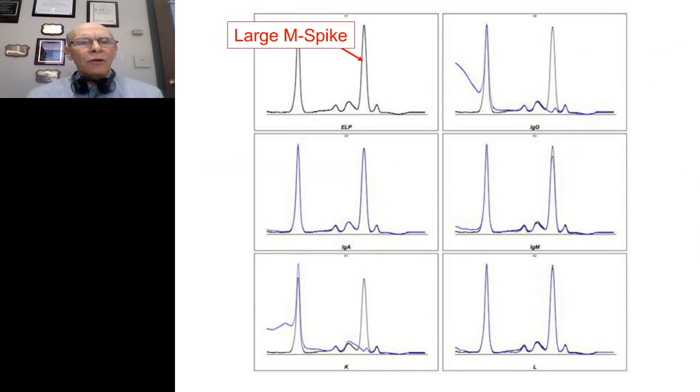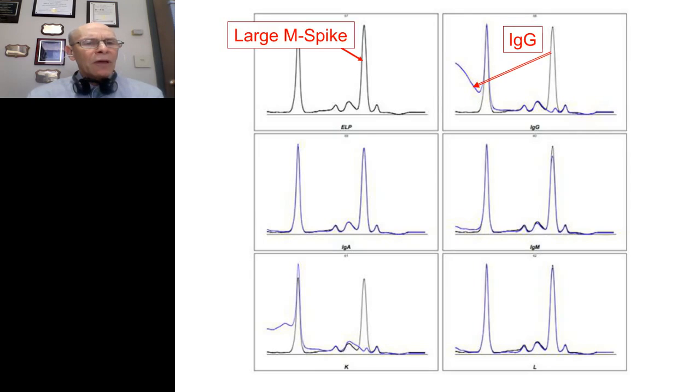Here's an actual immunosubtraction. It shows the original electrophoresis pattern in the top left panel. It contains a prominent spike in the beta region. In the top right panel, the black line indicates the original position of the spike, while the blue lines show what happens after treatment with antibody to IgG.